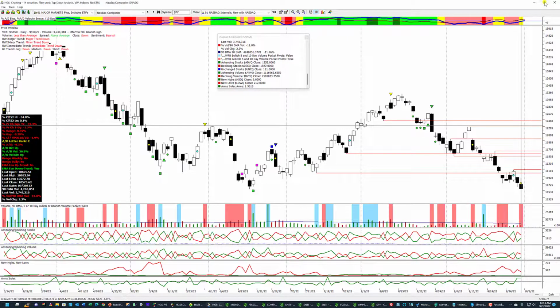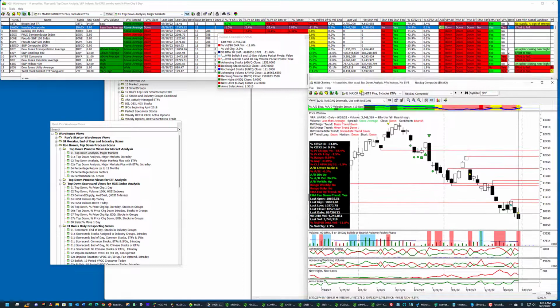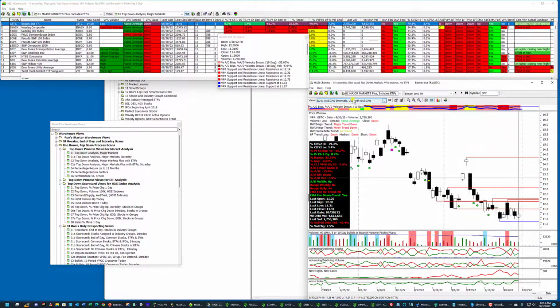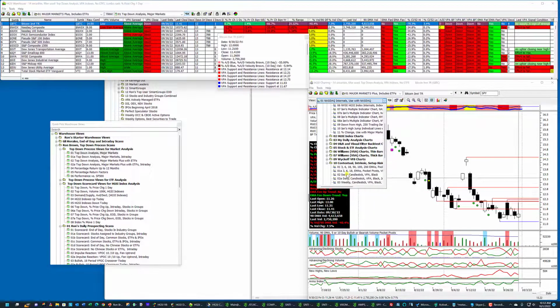So anyway, the NASDAQ is down on lower volume, but I'm going to change charts here. I'm going to get out of here and go down to my contextual charts here.